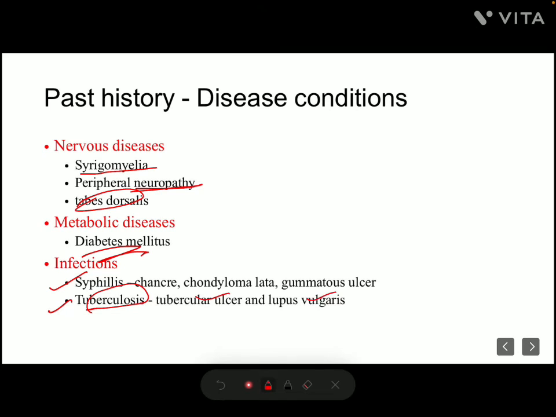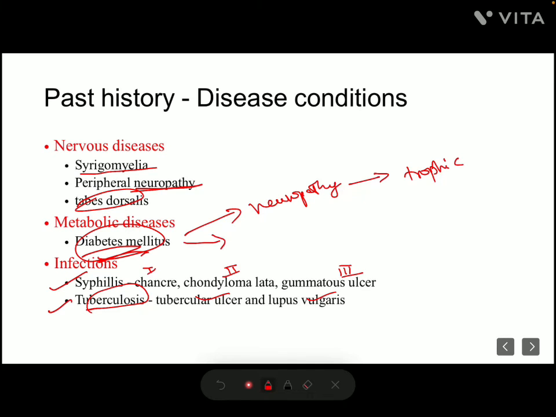Syphilis in stage 1 causes Hunterian chancre, in stage 2 it causes condyloma lata, and in stage 3 it can cause gummatous ulcers. Diabetes mellitus can cause diabetic neuropathy, and this neuropathy can cause trophic ulcers, which are punched-out lesions occurring due to repeated trauma in a region where sensation has been lost by the patient.